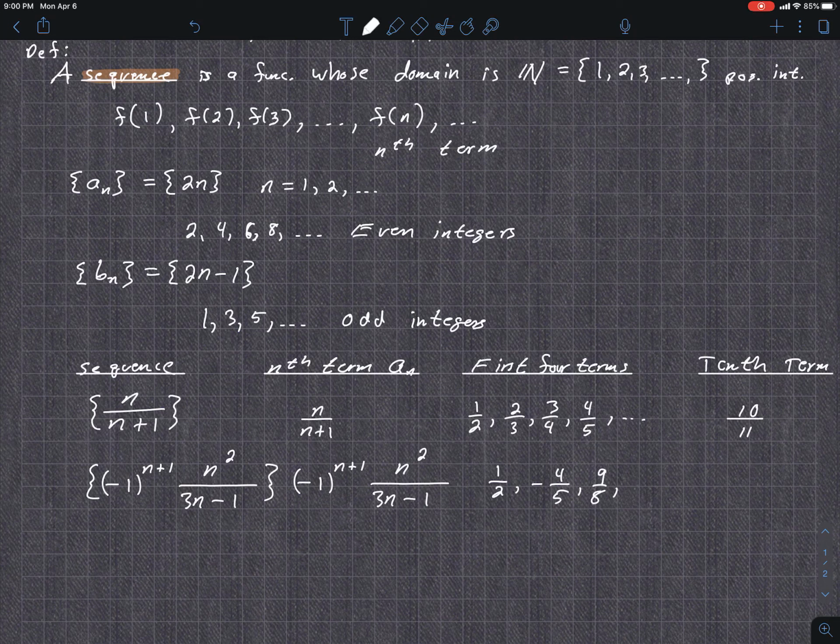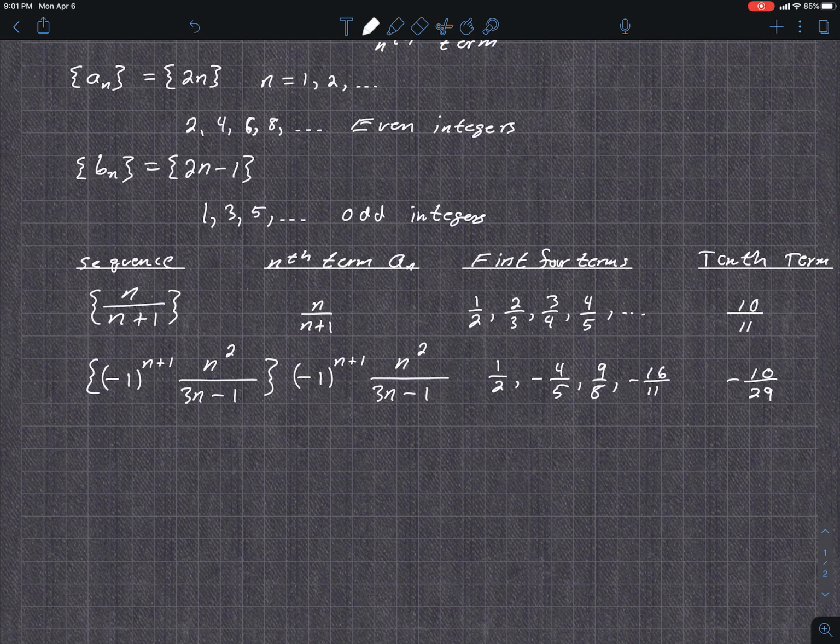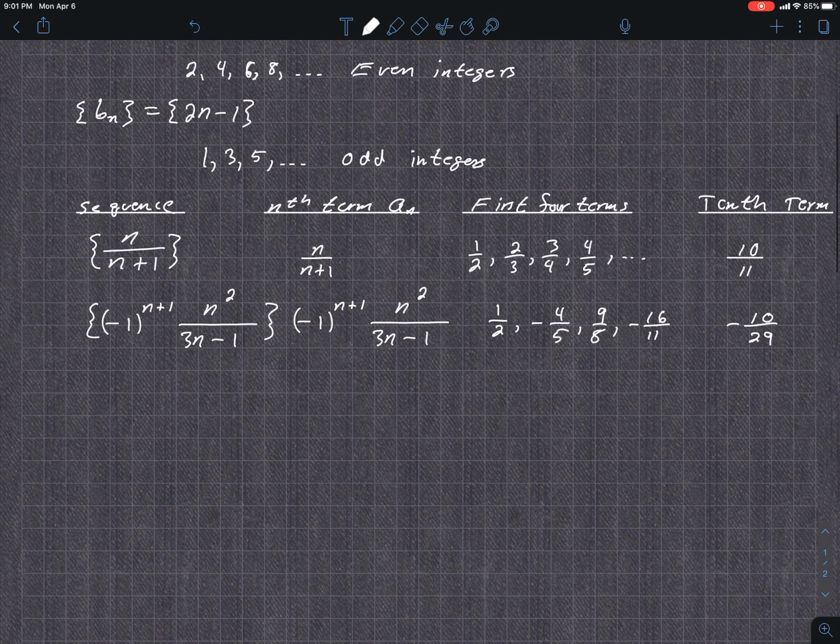And the next one's going to be a negative 4/5, 9/8, negative 16/11, etc. The 10th term, you're substituting in directly, just n equals 10. These are what are called explicitly defined sequences. It's explicit. You substitute a number, you get the term out.